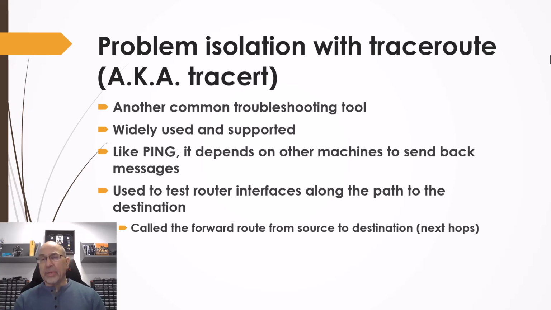Its use is a little bit different than ping in that you're trying to test router interfaces along the path to the destination. That also means that you can test multiple devices along the way with one command. The path that we're testing is also called the forward route from source to destination as opposed to the reverse route. This is also a collection of the next hops along the way.